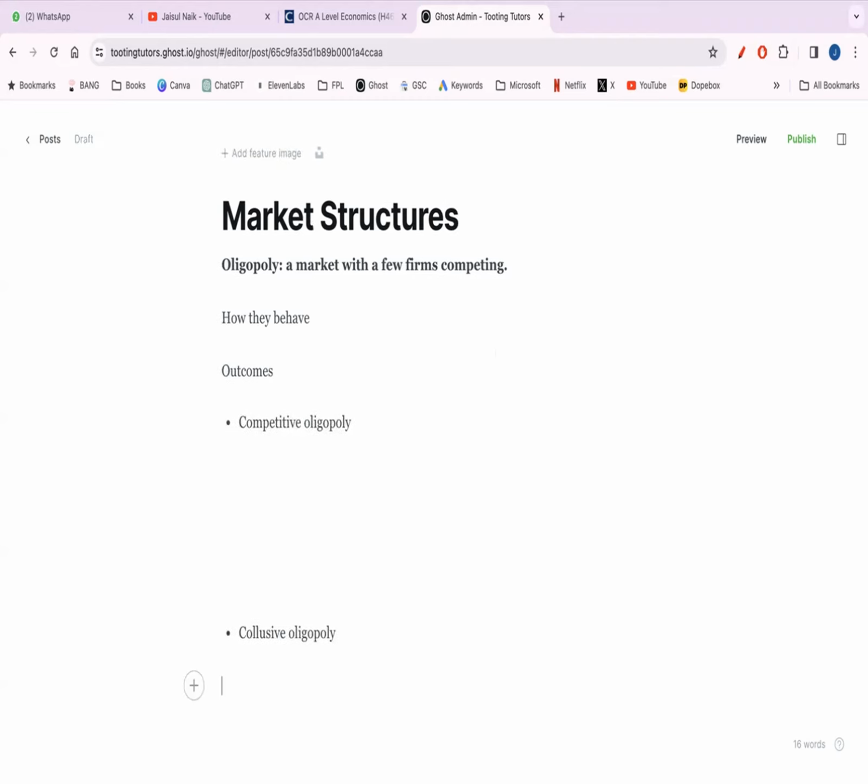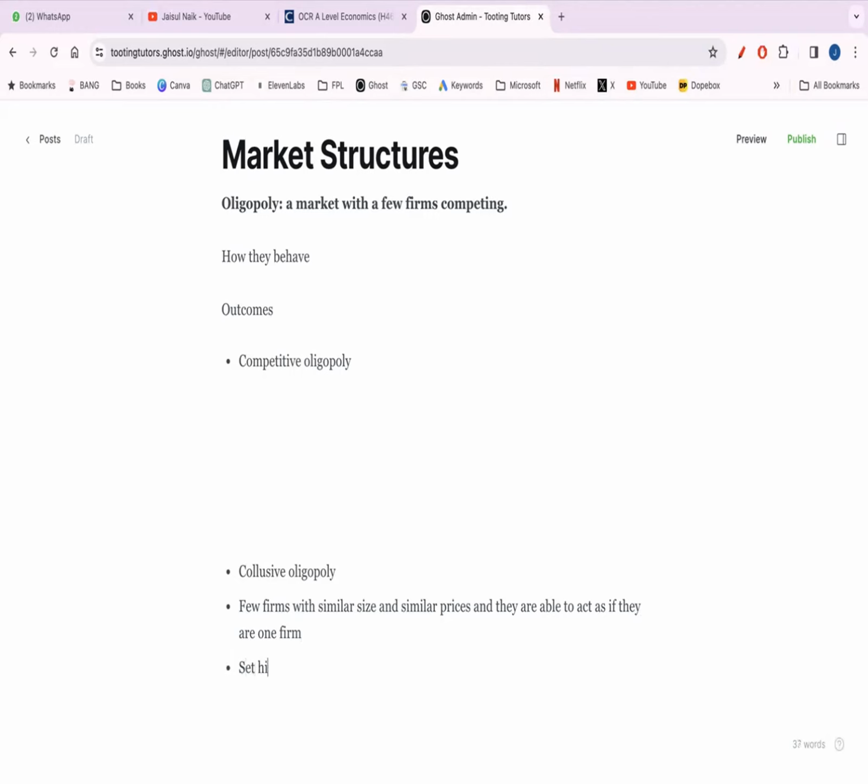So if it's a collusive oligopoly, you have a few firms with similar size and similar prices, and there's just a few of them, and they are able to act as if they are one firm. Together, they will set high prices and low output. And overall, they will act as if they are a monopoly.